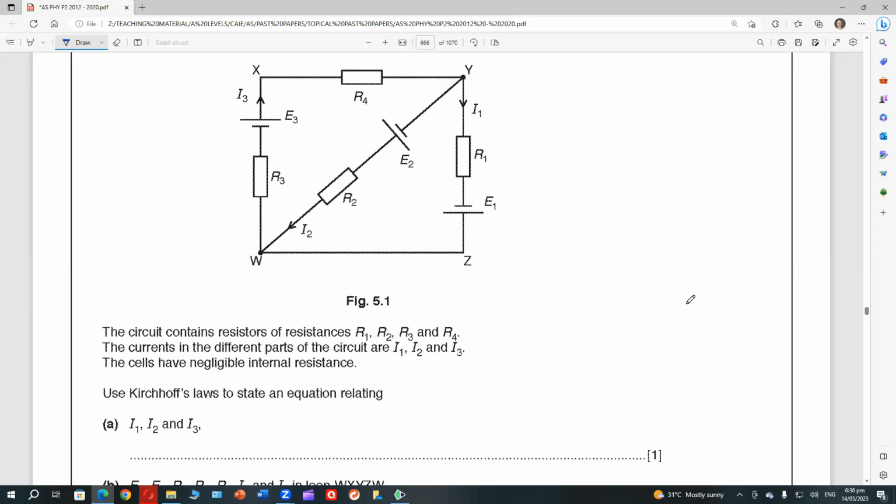Now, Kirchhoff's first law states an equation relating I1, I2, and I3. I3 will be equal to I1 plus I2.